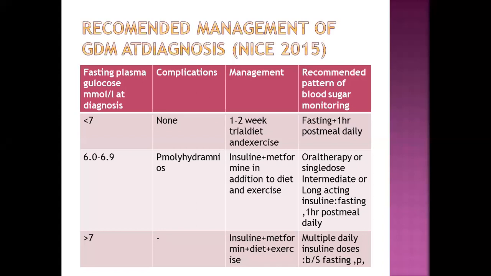As we discussed, she should take the carbohydrate, the protein, and the fat, a low index carb diet, and have exercise half an hour in the morning and half an hour in the evening.